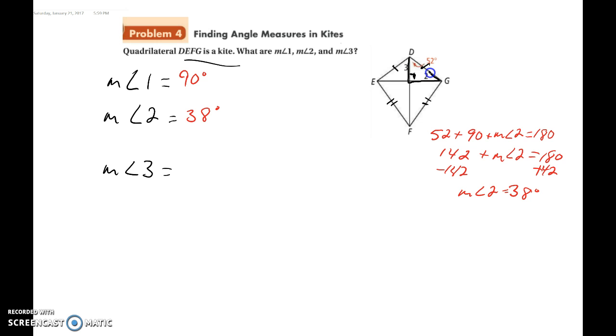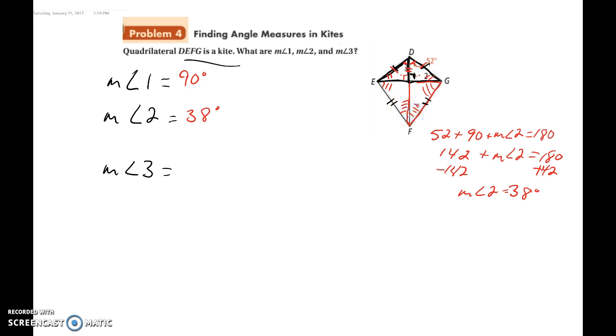So this triangle here and this triangle here are both right triangles, and they both have congruent hypotenuses, and they share this leg. So that means these two triangles are in fact congruent. So this angle is congruent to this angle, and then these two triangles are also congruent, which means this angle is congruent to this angle, and this angle is congruent to this angle.